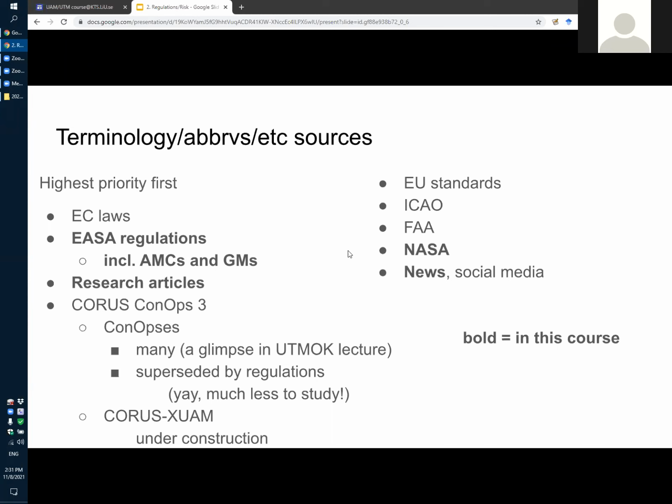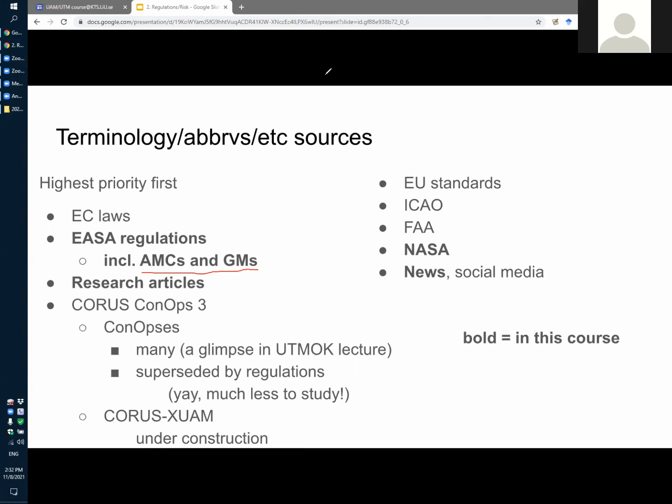So here I have this list of possible sources, and I put in bold those that we use in the course. The highest priority for us is EASA regulations, including the acceptable means of compliance and guidance materials to the regulations. These are things into which we will look and have examples even during this set of slides.